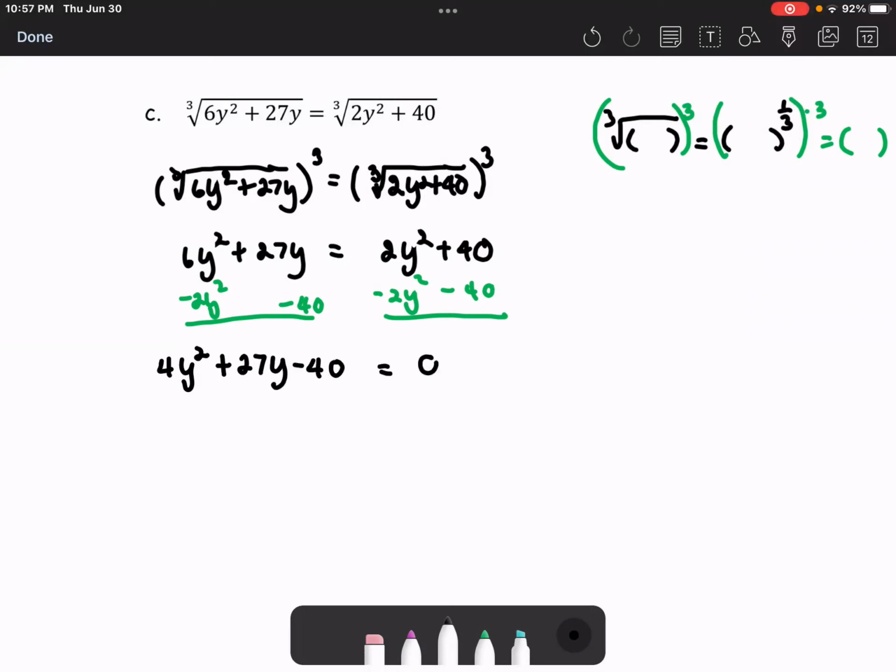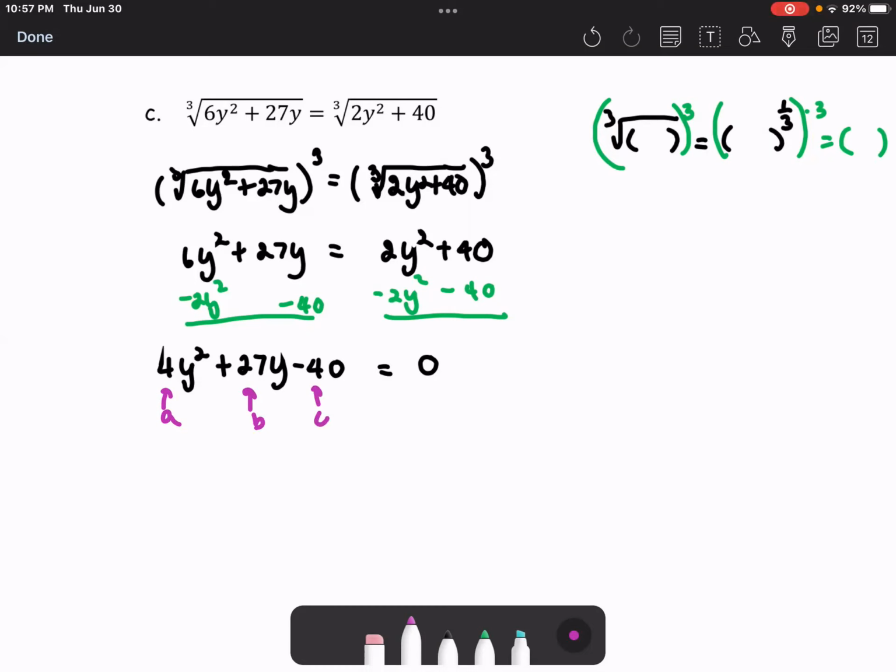We got a trinomial, a polynomial with 3 terms, but the leading coefficient is not 1. Since the coefficient is not 1, this is the A, this is the B, and this is the C.